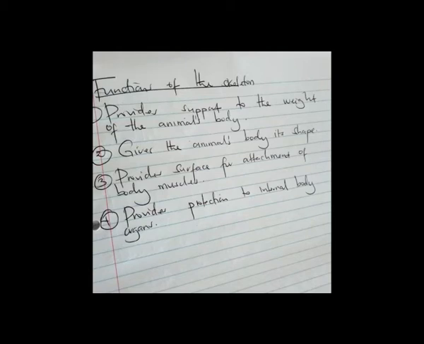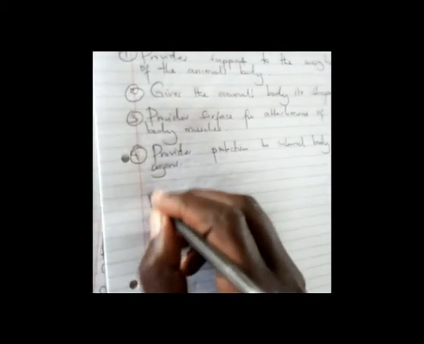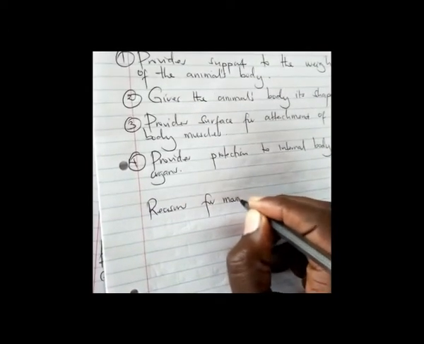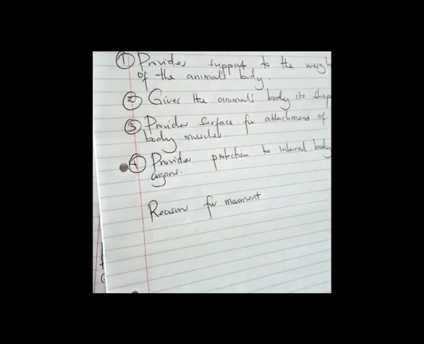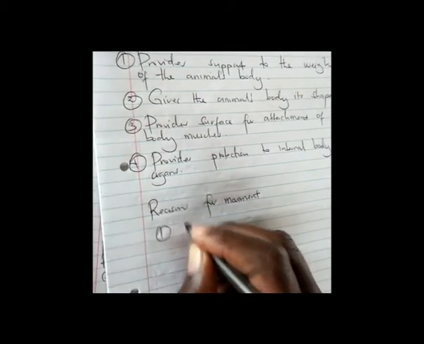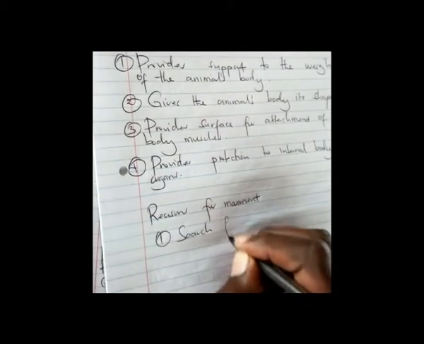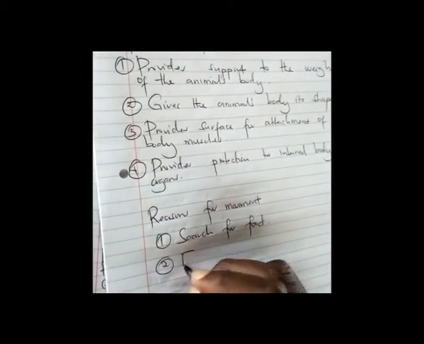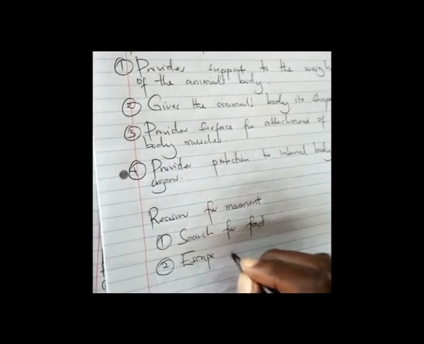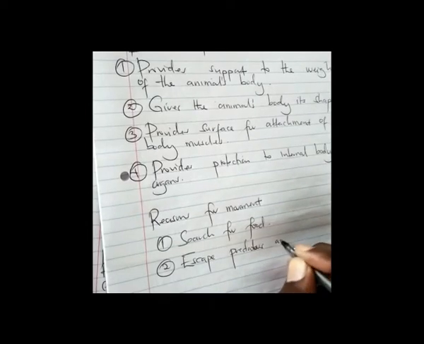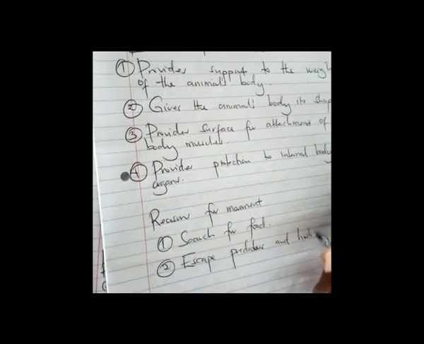Our next part is reasons for movement. Why do animals move? We say that the type of movement shown by animals is called locomotion, which involves the whole body. So one reason why animals move, number one, is search for food. Number two is to escape predators and hostile environment.